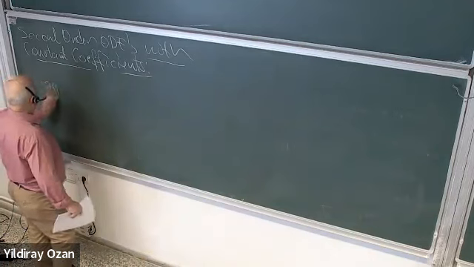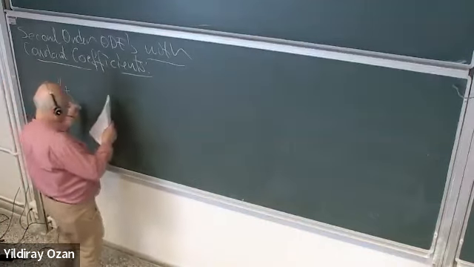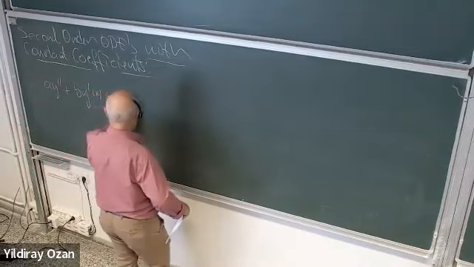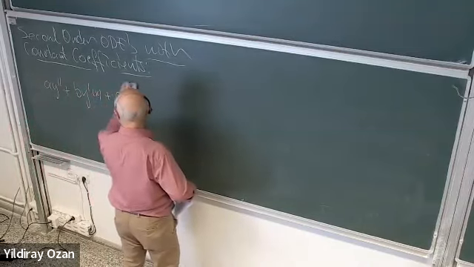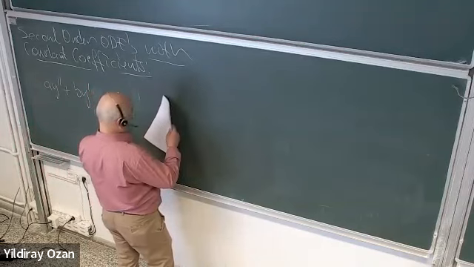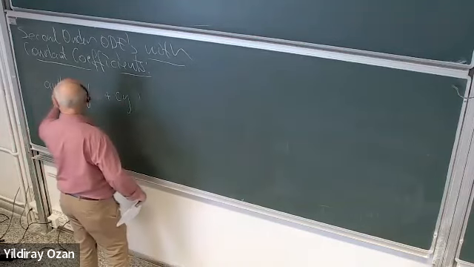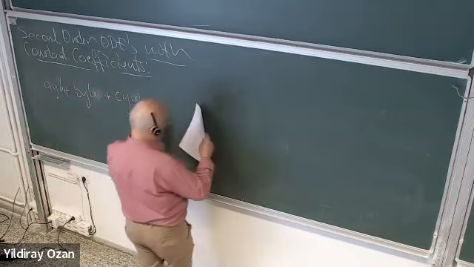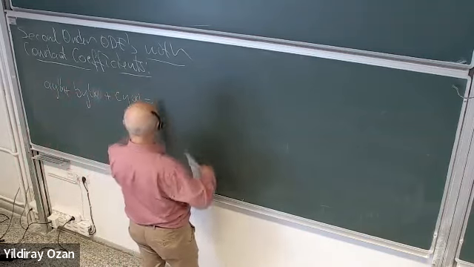So a constant coefficient second order linear differential equation is something like this, right? Equals, let's say 0.